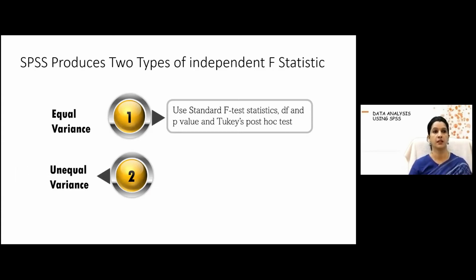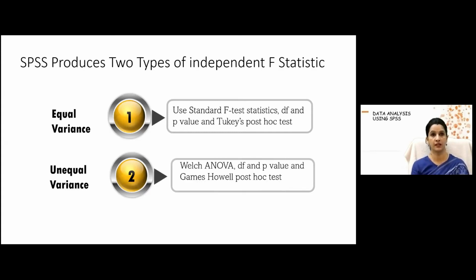If the equality of variance is not assumed, then we take the Welch ANOVA, like we took the Welch t, its degrees of freedom, p-value, and then we take the Games-Howell post hoc test. So here I'm introducing you to two new names, Tukey's post hoc test and Games-Howell post hoc test.